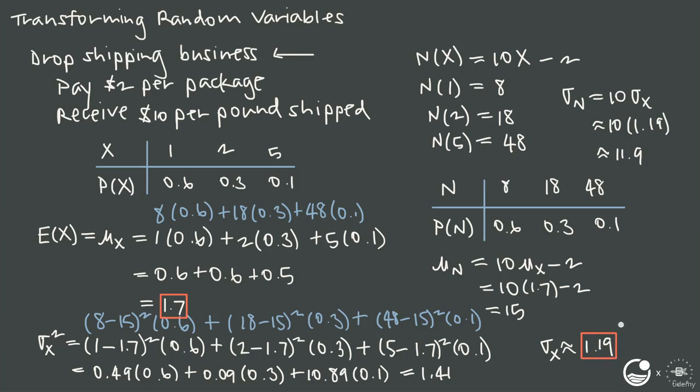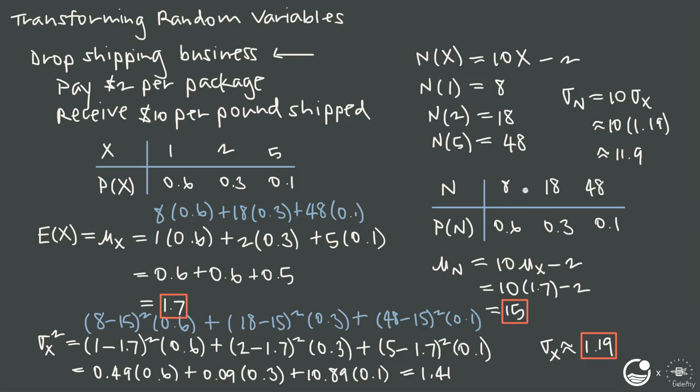And then with that, we can say that the mean amount of money we make for every package we ship out, we make on average a mean of $15, even though for any given package, we will only ever make either $8 or $18 or $48 with no values in between. Our profit will only ever be one of these three values for an individual package.